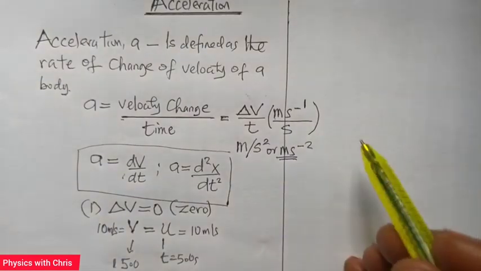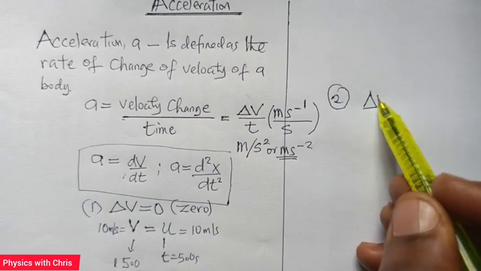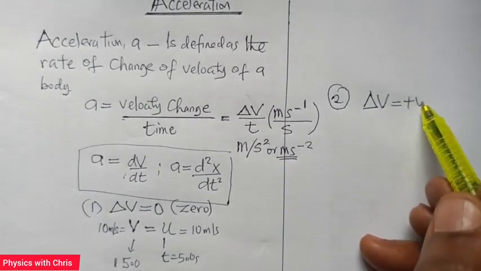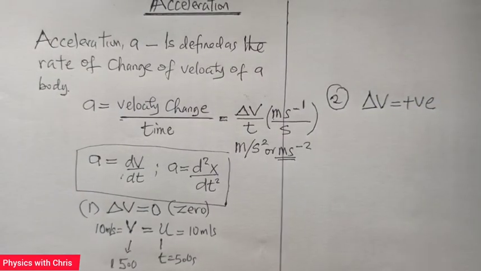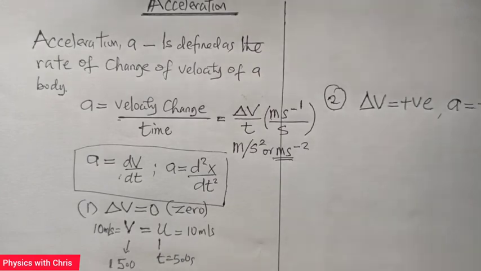So let's look at case 2. In this case 2, the change in velocity of the body is positive. When there's a positive change in velocity, it means here that the acceleration of the body will also be positive. So positive acceleration or positive change in velocity is simply acceleration.